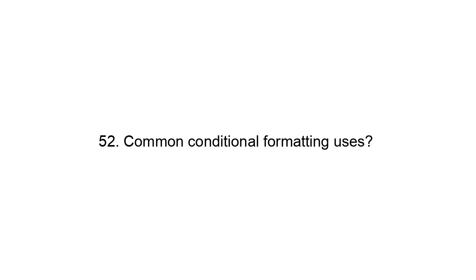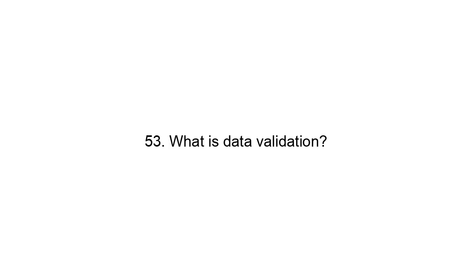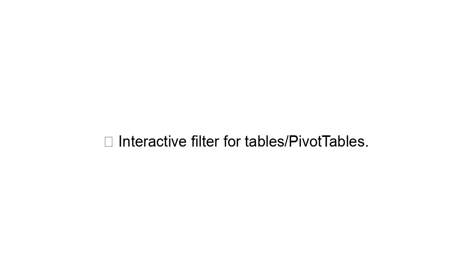Common conditional formatting uses: duplicate highlighting, color scales, data bars. 53. What is data validation? It restricts invalid input. 54. What is a drop-down list in Excel? Selectable, predefined values. 55. What is a slicer? An interactive filter for tables and pivot tables.